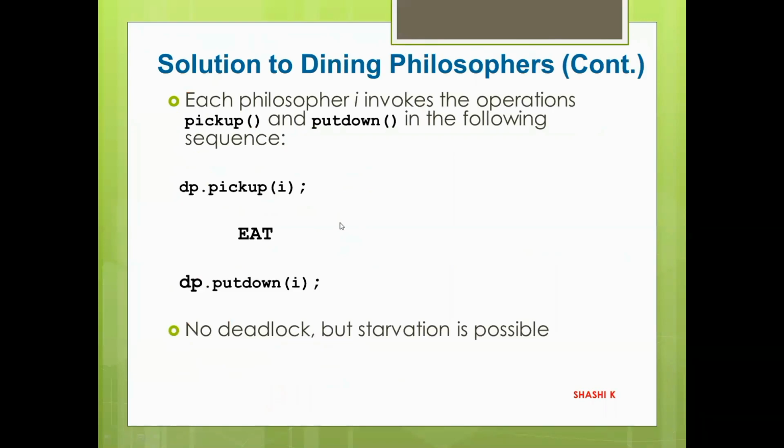If any philosopher wants to go to the eating state, he will invoke the pickup procedure on the monitor, then he will go to the eating state, and then he will invoke the put down procedure on the monitor.